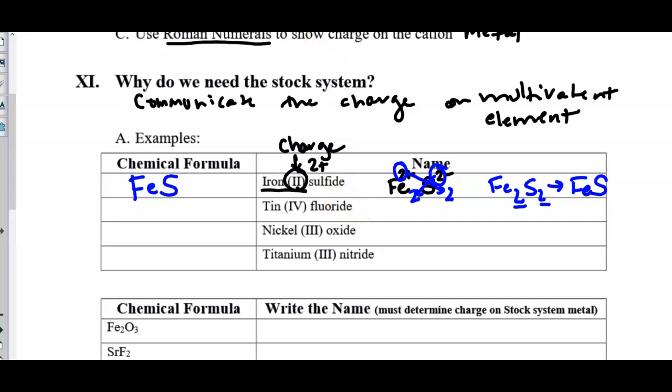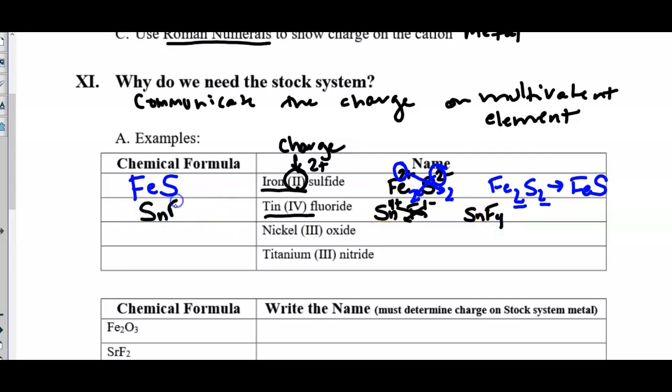Now if I do the same thing with tin-4 fluoride, tin-4 is going to have a +4 charge. So tin has a symbol of Sn. It is +4 here. Fluorine is a halogen, it's -1. So we're going to crisscross our charges and we get SnF4. Okay.